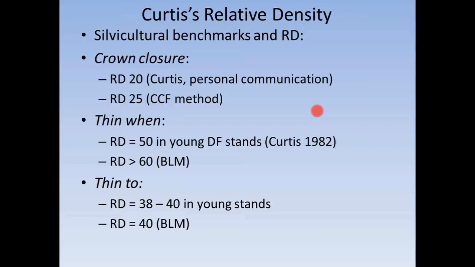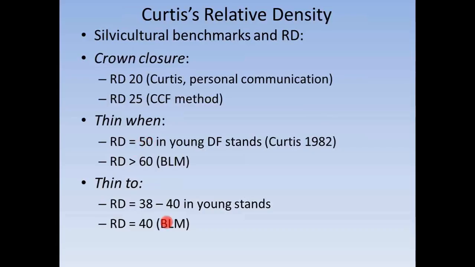And again, remember what we're trying to do is put single numbers on these values. So we're not saying thin when you reach an RD of 50 if your quadratic mean diameter is between 5 and 15 inches or something like that. We're trying to come up with numbers that work across the range of mean tree size.